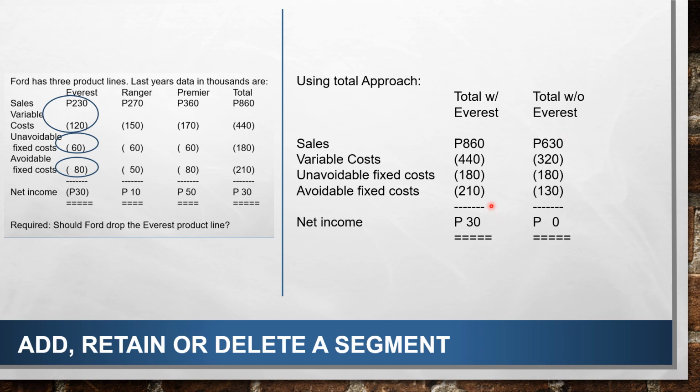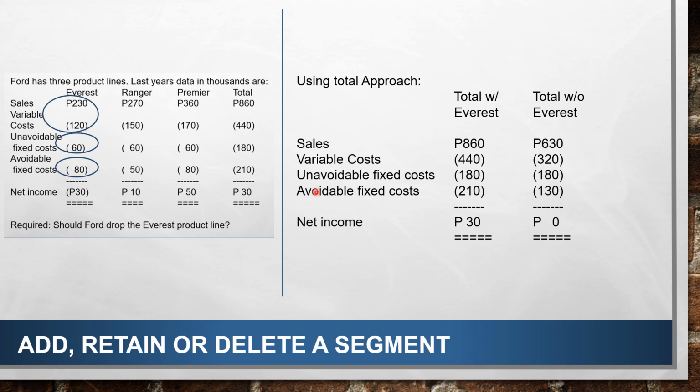So looking at these income statements, if we drop the Everest segment, we will have zero net income. But if we retain the Everest segment, the company will still have a net income of 30,000.